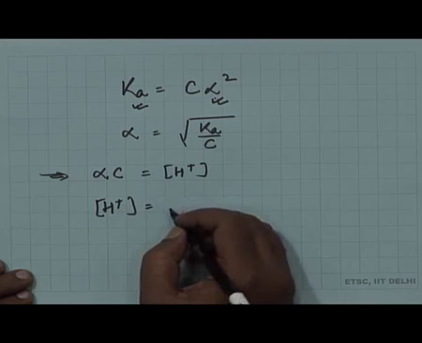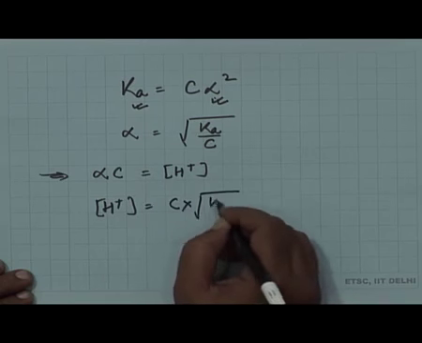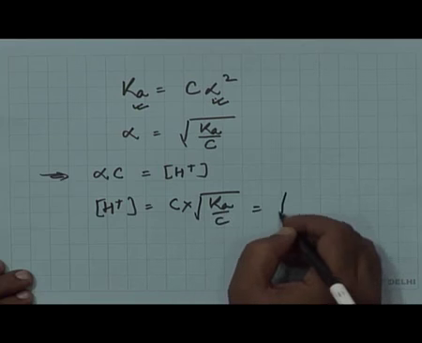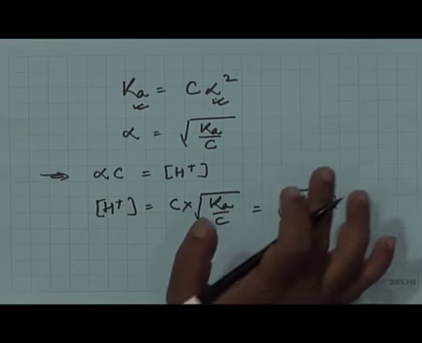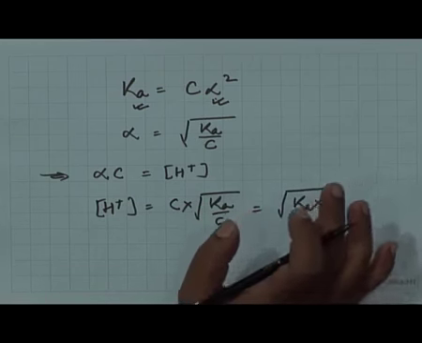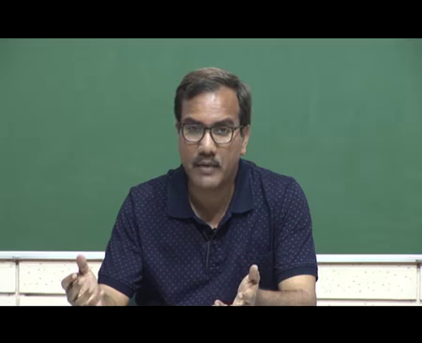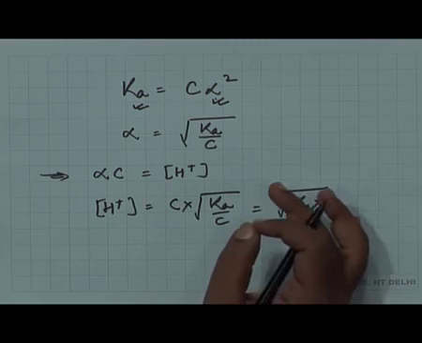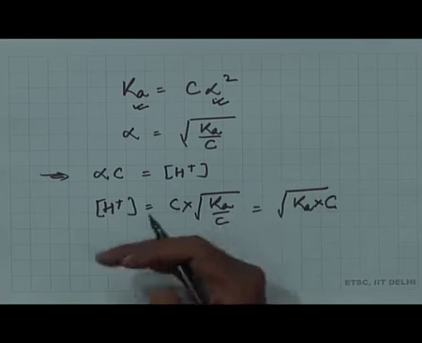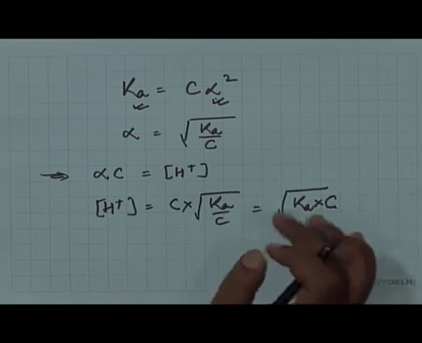That is simply C into alpha, or C into the square root of Ka by C, and so you have the square root of Ka into C. So, if I know alpha, I can calculate Ka. On the other hand, if we know Ka, then we can calculate alpha, and also the concentration of ions in the solution.